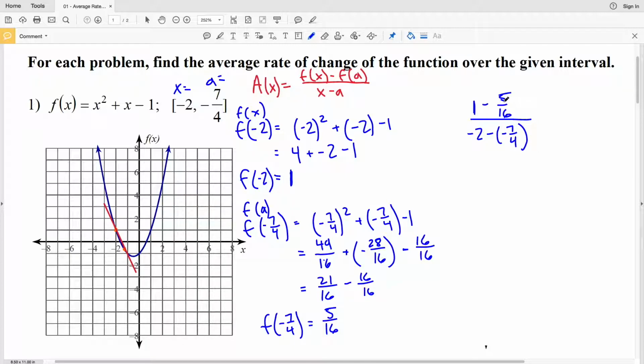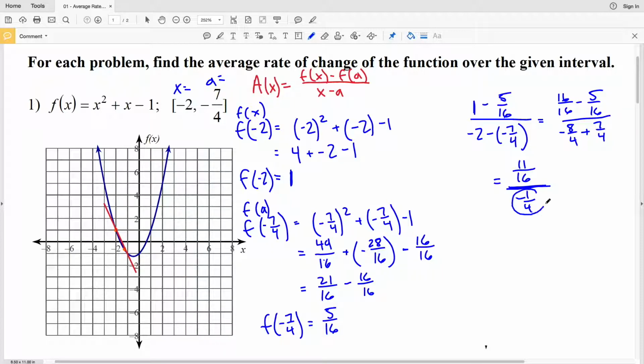So now we're going to simplify. 1 minus 5/16 we can think of as 16/16 minus 5/16, having a common denominator in our numerator, and then negative 2 minus a negative 7/4. I'll write this as negative 8/4 plus a positive 7/4. So simplifying, 16 minus 5 is going to be 11, so we'll have 11/16 all over negative 8 plus a positive 7 is negative 1, so that's negative 1/4.